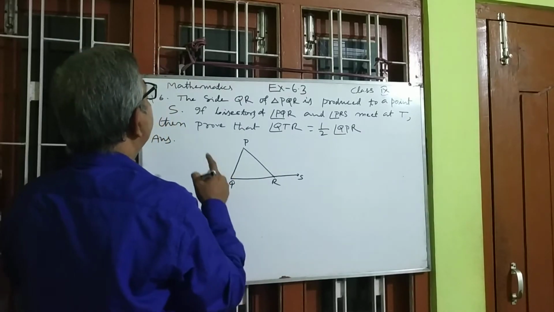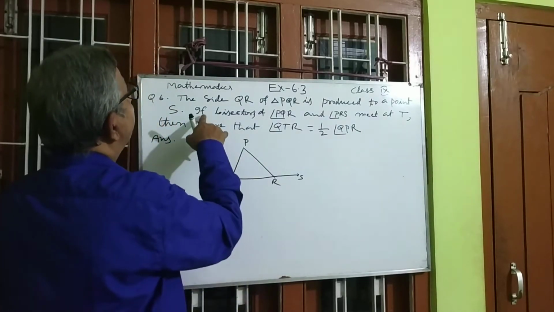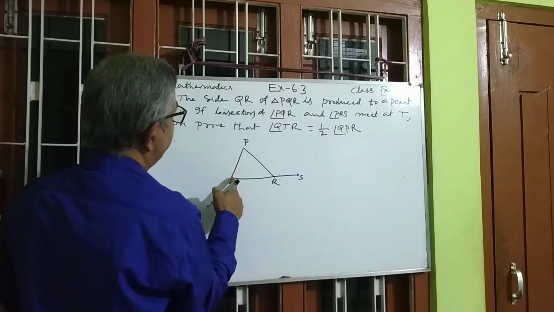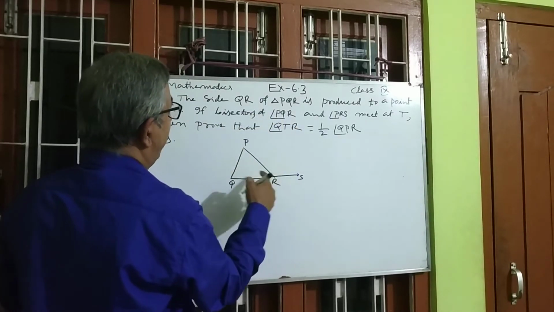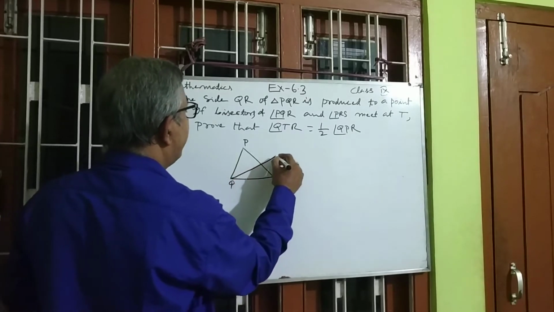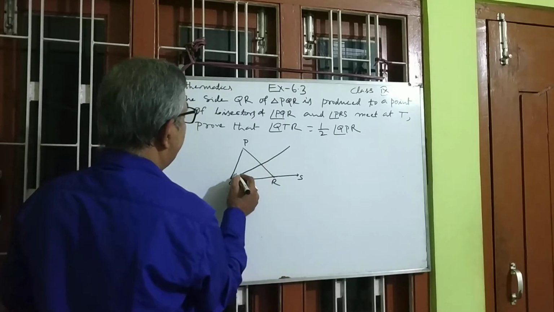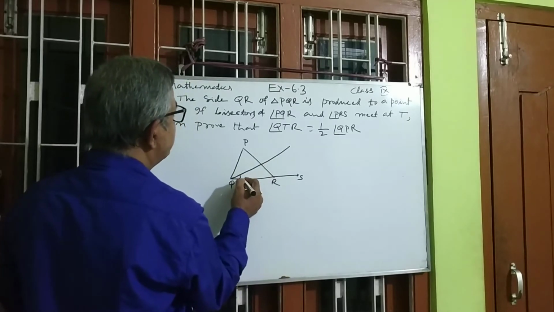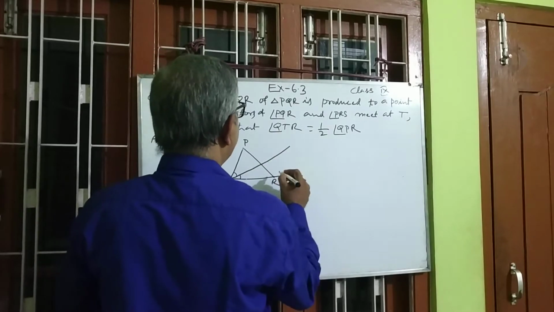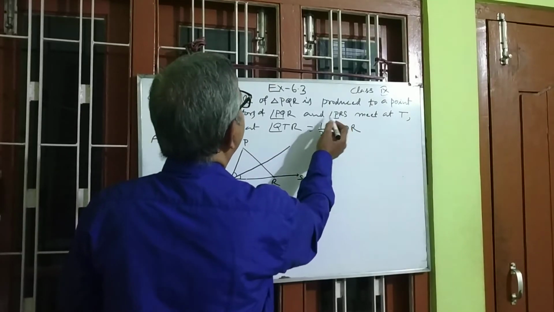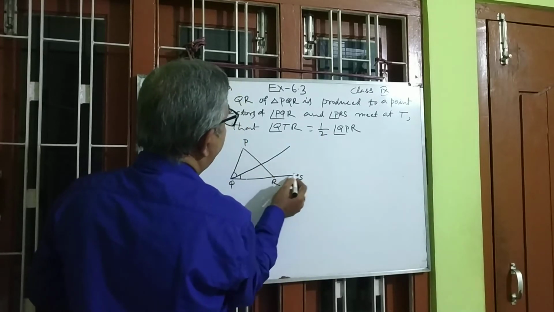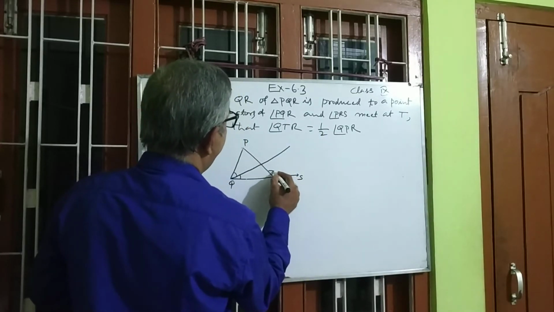Now, which angles' bisectors are you drawing? The bisector of angle PQR. A bisector is what? It divides the angle into two equal parts, meaning this angle is equal to this angle. And the bisector of angle PRS, this angle's bisector.